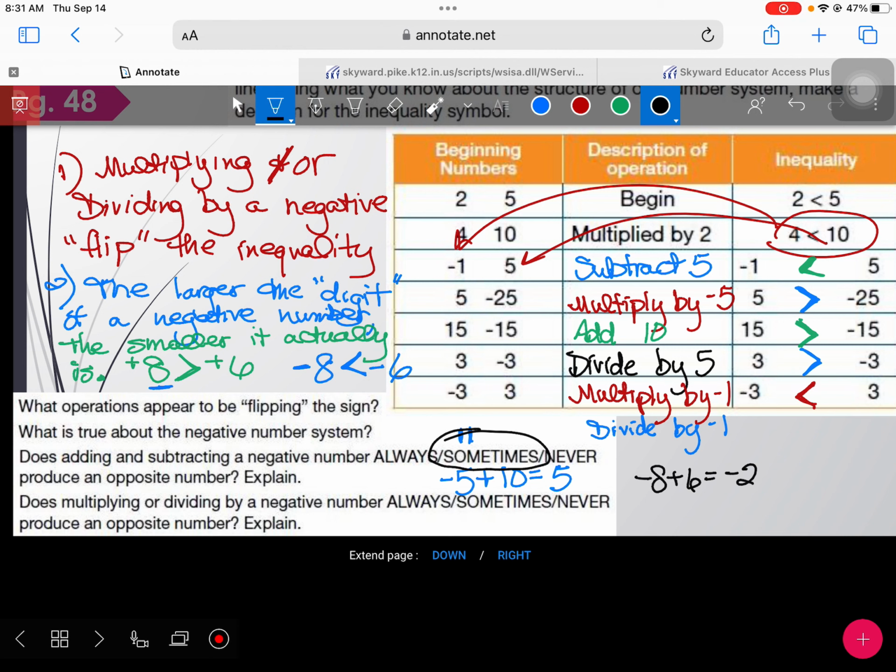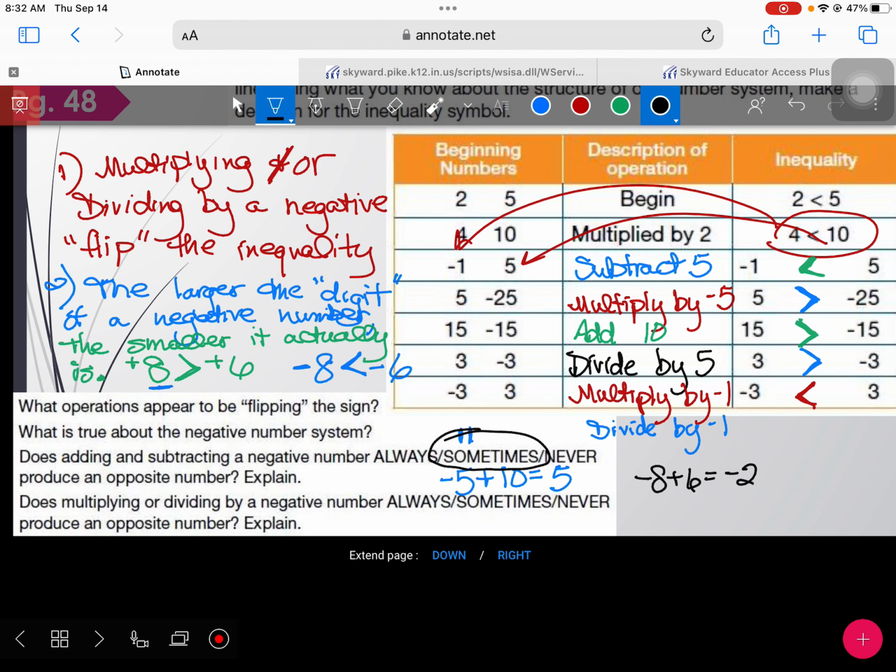So it's sometimes? I think it all depends on your interpretation of opposite number. Think of it as the opposite sign. So it's written poorly, if that's what they're intending, right? Negative times negative is always a positive. Negative and positive is always a negative. So I still think it's sometimes, right?